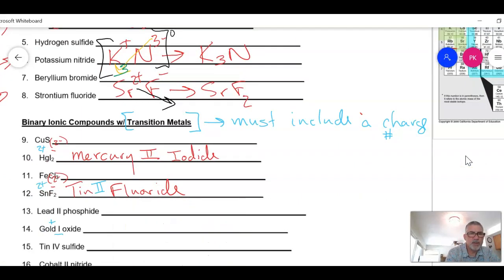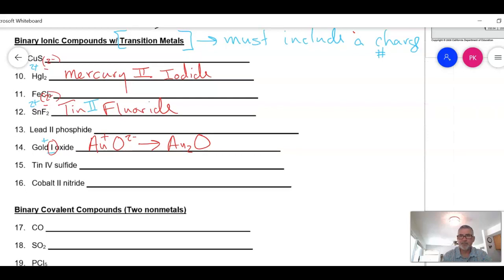Gold is Au, and then oxide is O. So we said this Au has a positive 1 charge because it was gold 1. And oxide is a 2 negative charge because it's in that category. And if I crisscross again, that 2 would come down to the gold, and then O would be by itself. All right, so you should be able to do number 16 the same way.